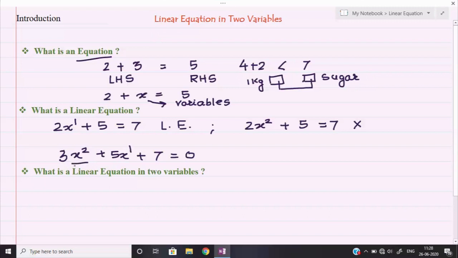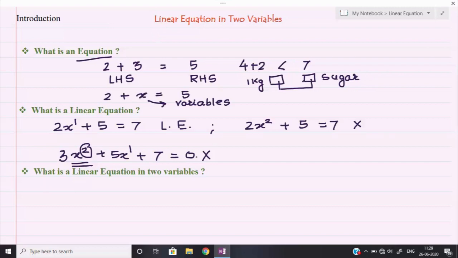This variable does not have the power 1. Its power is 2, so it is also not a linear equation. So a linear equation is that equation where the power of the variable is 1 and only 1. It can't have any other power. Okay, so remember, wherever the variable is coming, its power should be only 1.